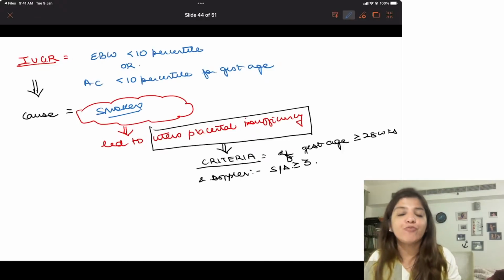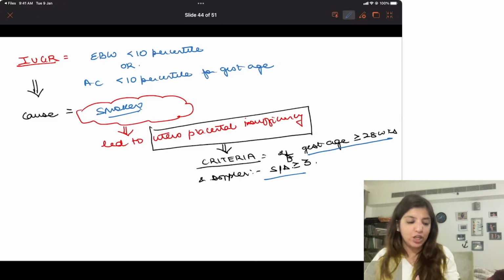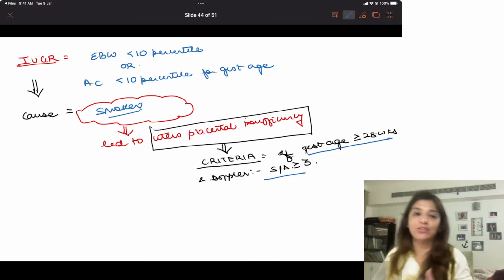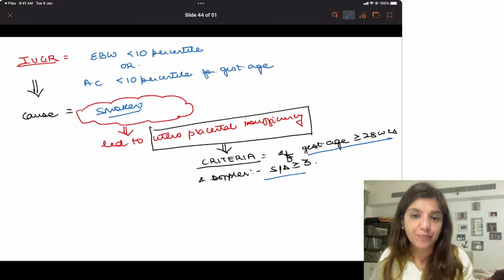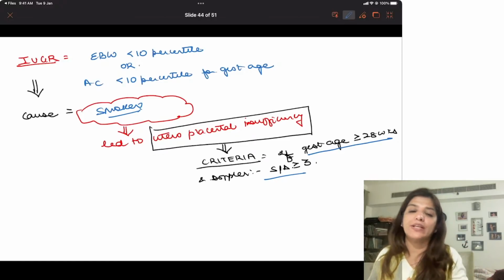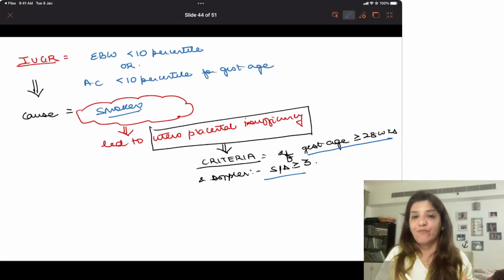What is the criteria for uteroplacental insufficiency? If at gestational age more than or equal to 28 weeks, SD ratio is more than 3. On Doppler, if SD ratio is coming more than or equal to 3 and gestational age is more than or equal to 28 weeks, then we say that it is uteroplacental insufficiency.